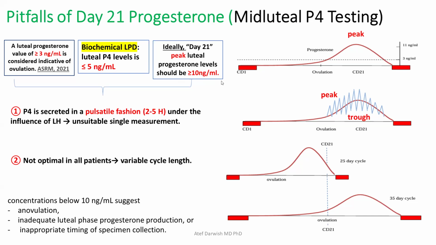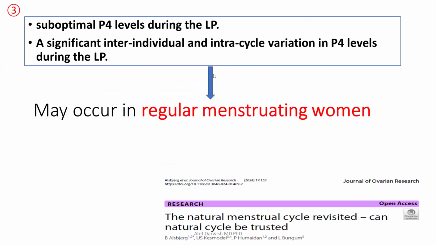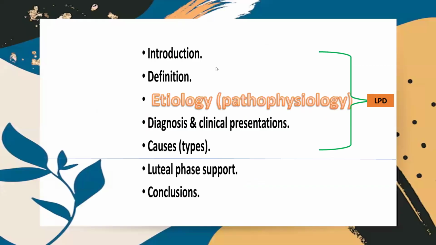So there are peaks and troughs of the level of progesterone. There is no optimal level for all ladies because the menstrual cycle length is variable from one patient to another. There is a suboptimal progesterone level during the luteal phase and significant inter-individual and intra-cycle variations in regularly menstruating women. So we cannot rely on the biochemical diagnosis of luteal phase defect; we have to rely on the clinical definition, which is a luteal phase of 10 days or less.